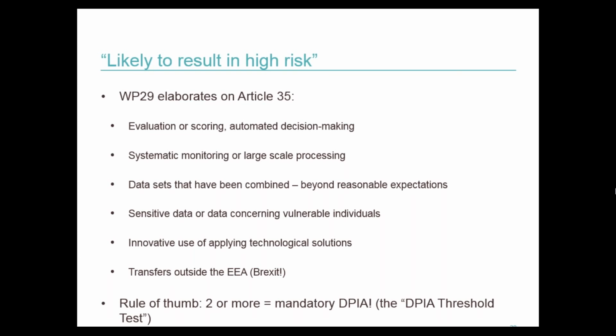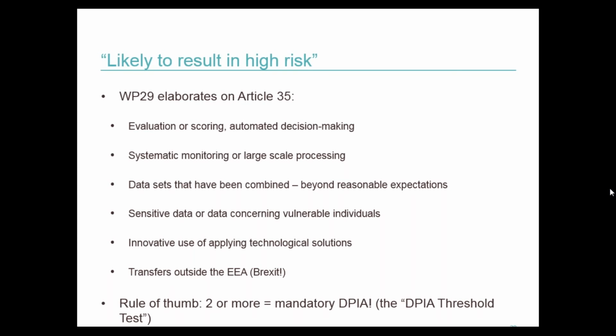If your organization offers a private messaging service, but also offers a hotel booking service, and you're looking at identifying who are your key users of both of those services, it's very likely that the combination of those data sets will, according to the Working Party, likely result in high risk. And you can see how this is something that happens on a day-to-day basis with any organization that has different offerings, different services.